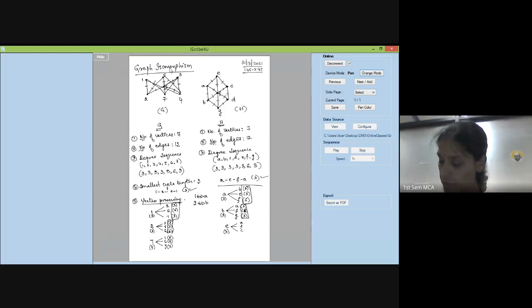A, F and C again give 3, 6 and 3. Let me see what all equivalent vertices I can make for each of these. I'll note down. 6 can be made equivalent to F because 6 has degree 6 and F also has degree 6.